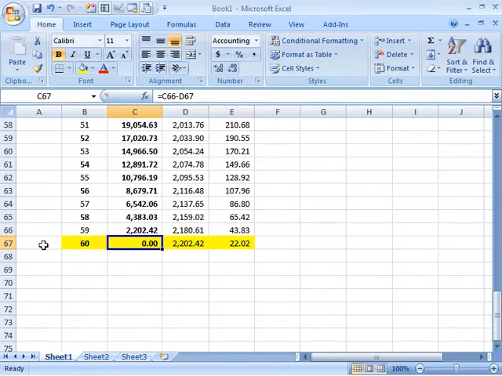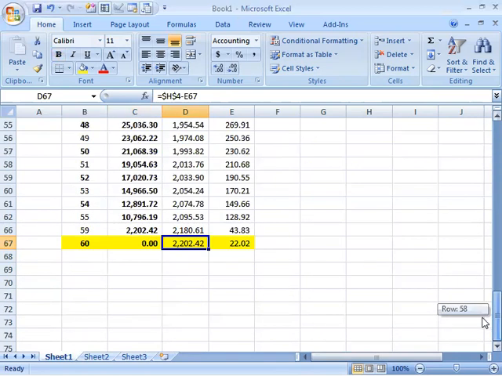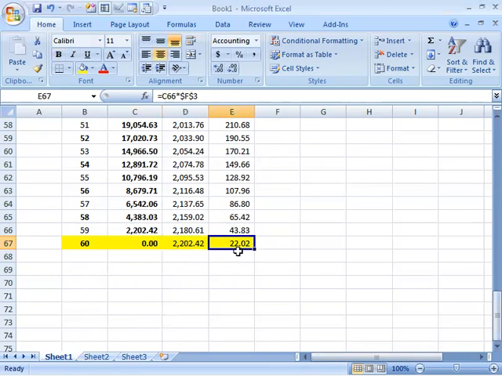And once we reach the 60th installment, the capital portion of the payment is 2,202.42, and the interest component is 22.02.